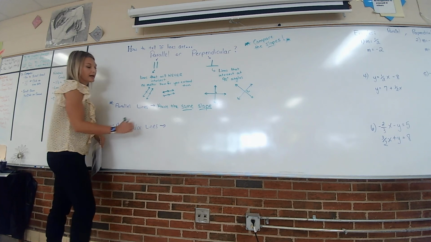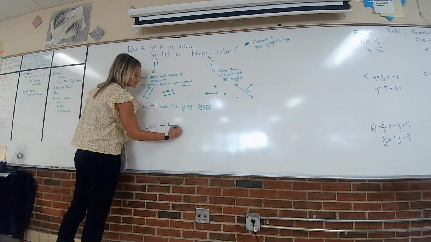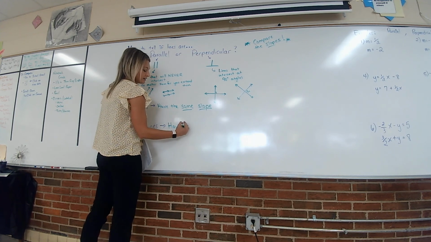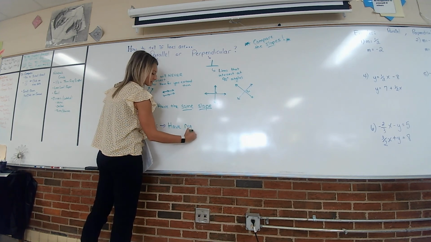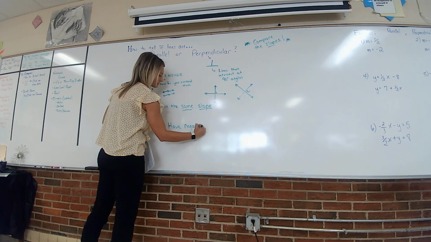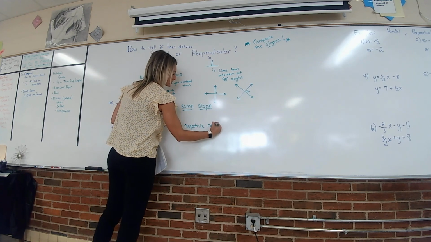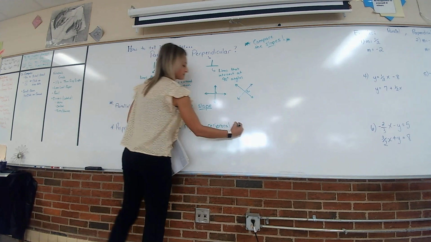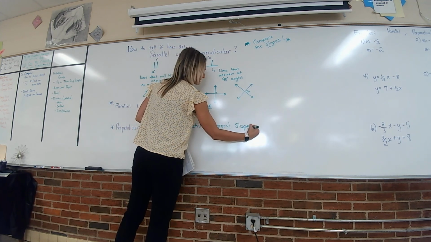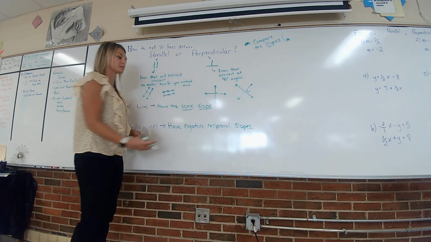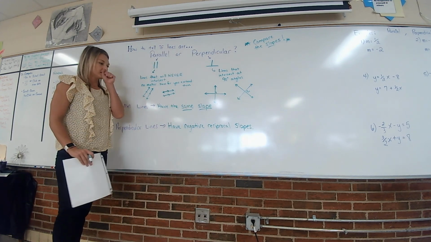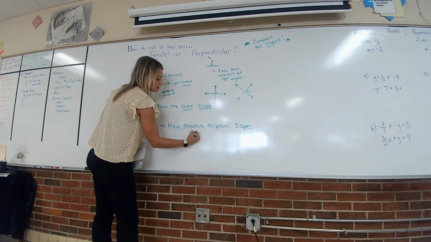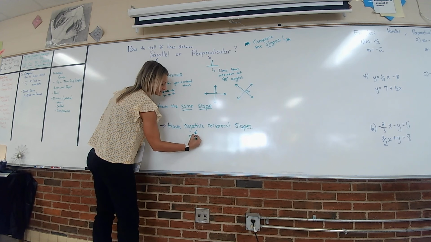Perpendicular lines have what are called negative reciprocal slopes, and we'll break that down in a second. So they have negative reciprocal slopes. Okay, so what that means is whenever you find the slopes, so remember you have to find the slopes first, the negative part means that these two numbers will have different signs.